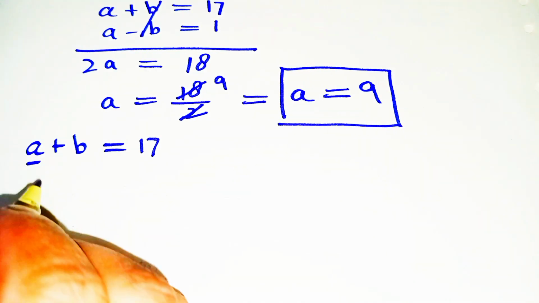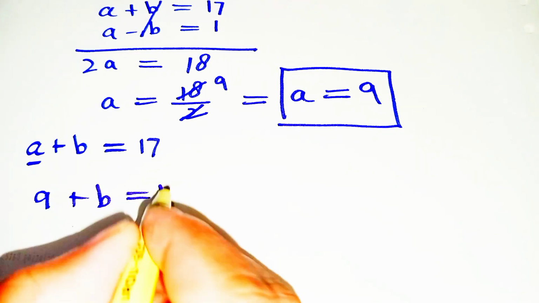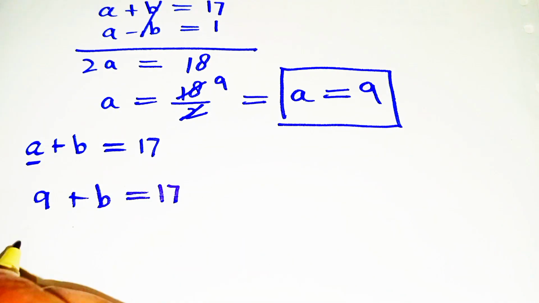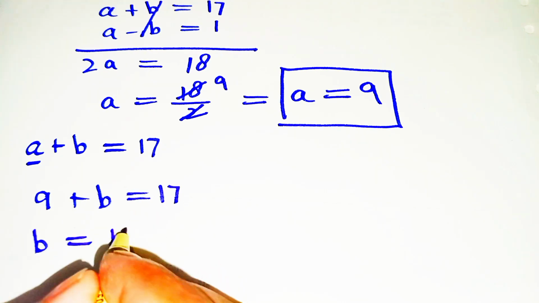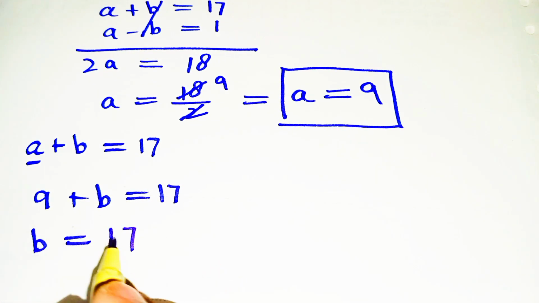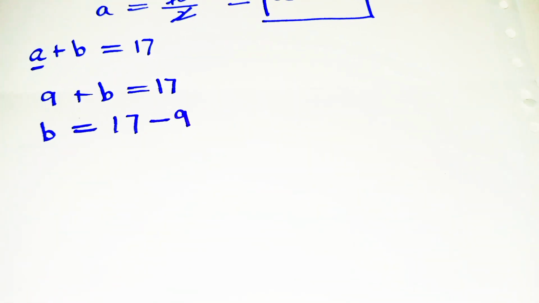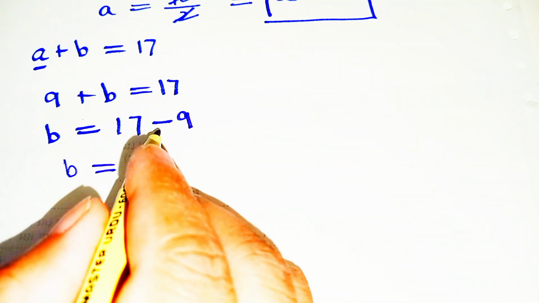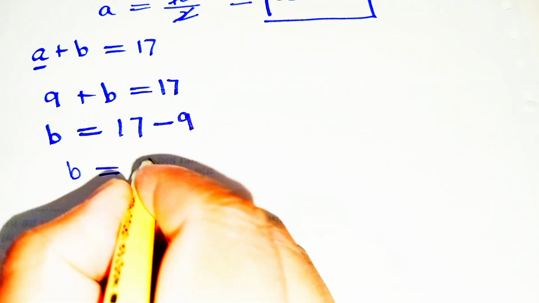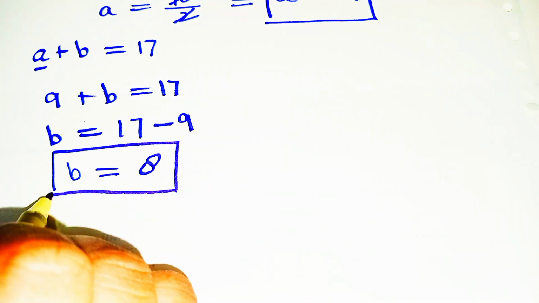So 9 plus b is equal to 17, and now b is equal to 17 minus 9, which is equal to 8. Now the value of b is equal to 8.